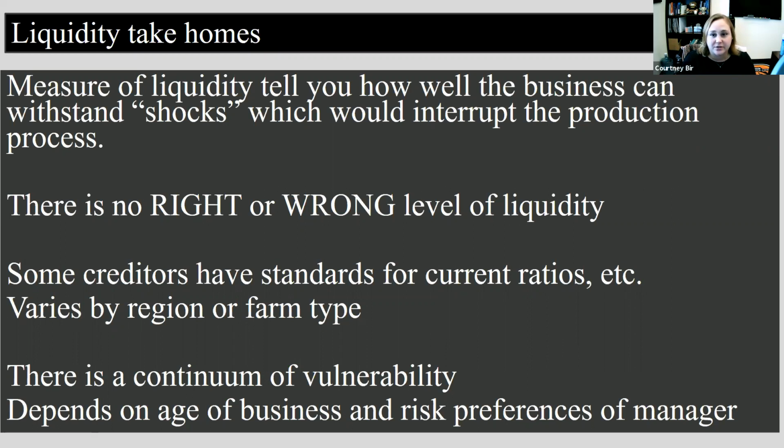Some creditors have standards, however, for current ratios, and it varies by region or farm type. If you go get a loan and the bank happens to have some internal standard, you don't have a ton of control over that. That's just something that they've set. There is a continuum of vulnerability though, and it depends on the age of the business and of course the risk preference of that manager.